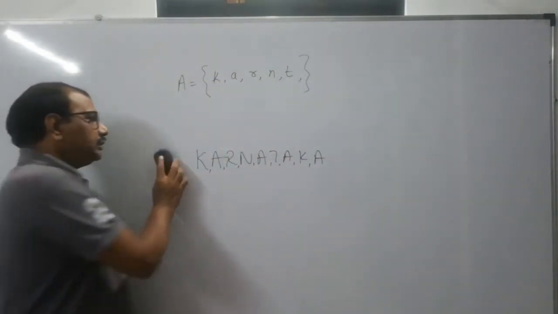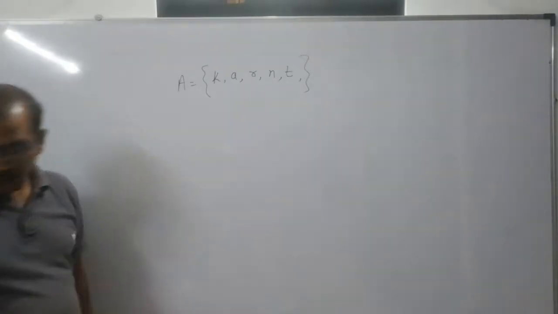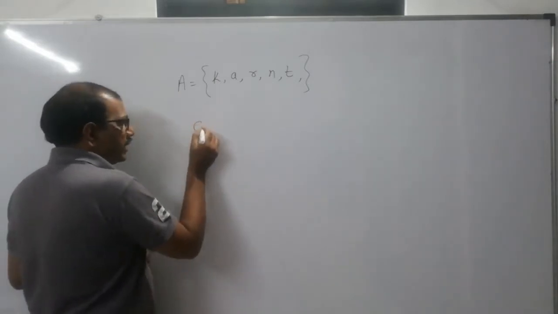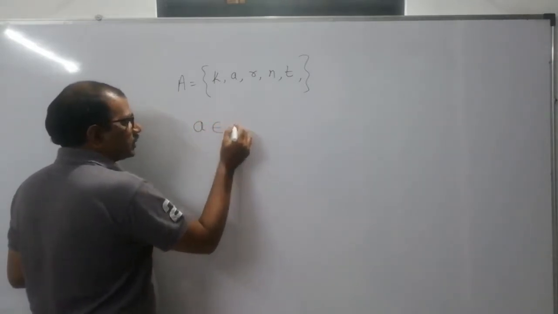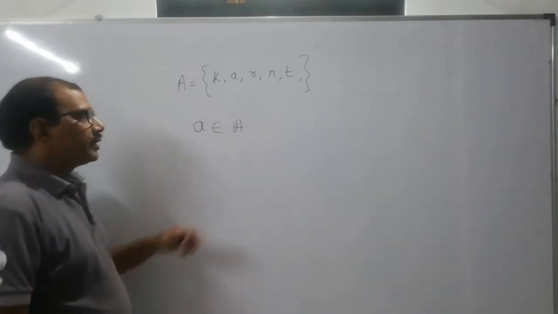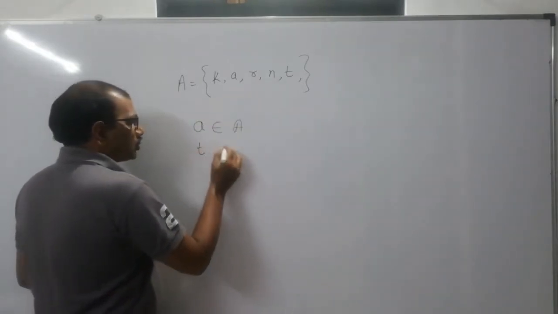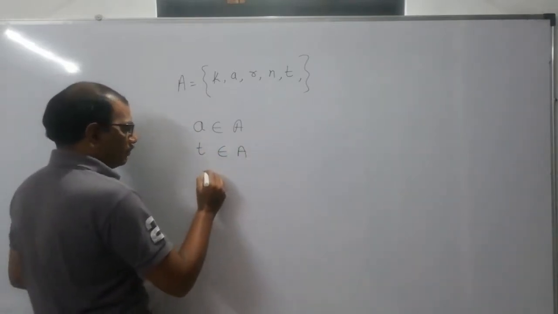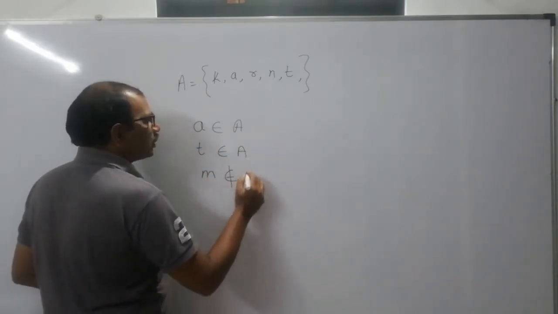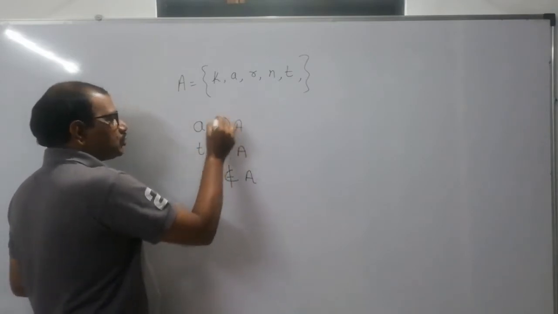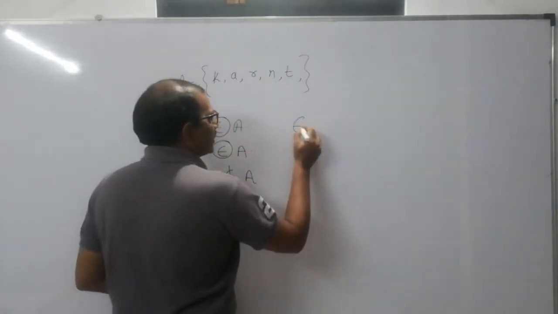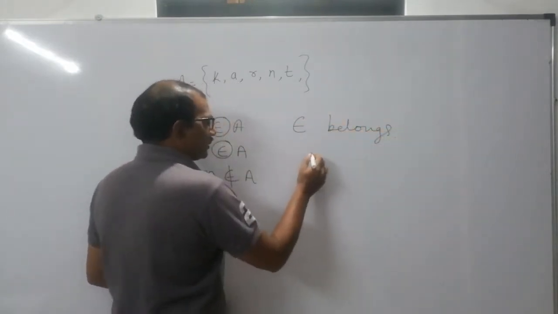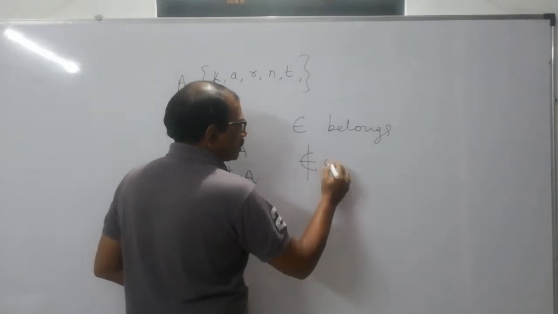Next is, suppose if I want to say A belongs to the set. So we write A belongs to set A. T belongs to set A. M does not belong to A. That means ये जो sign use किया हुआ है, this belongs to, and this sign does not belong to.